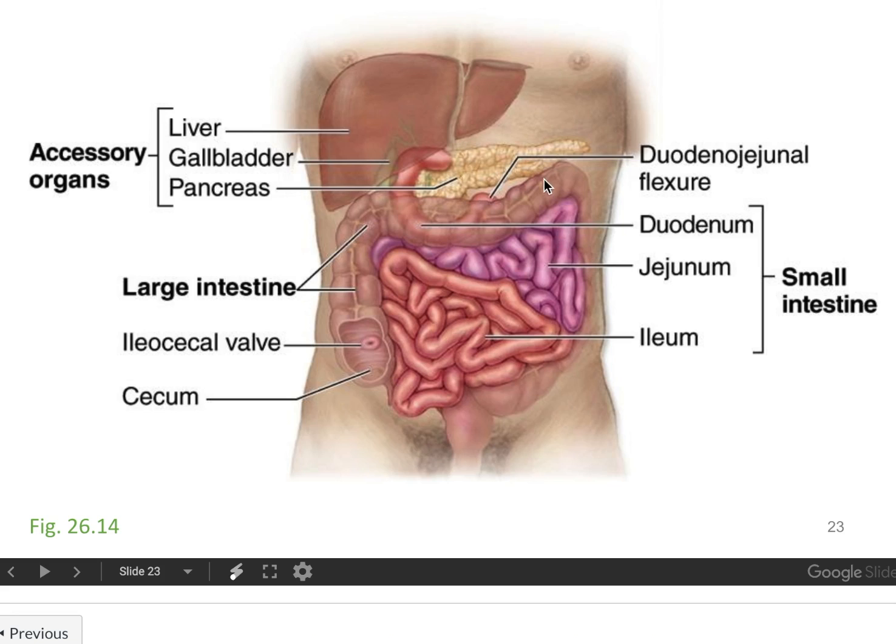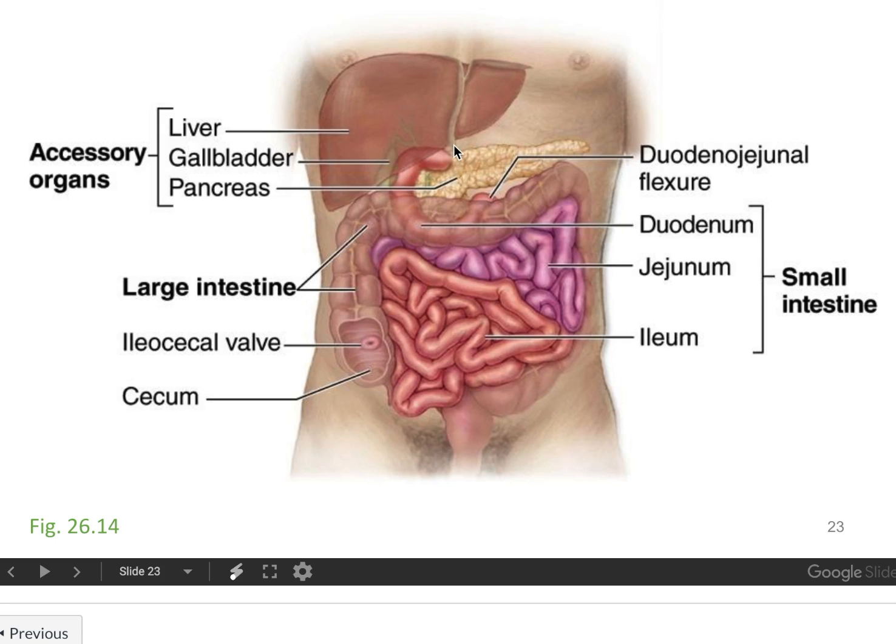So now going back to the stomach and the duodenum, remember right between those two is the pyloric sphincter. The duodenum is the first section of our small intestine, and our intestinal tract is all one big long tube. And all that changes are the histologic layers.